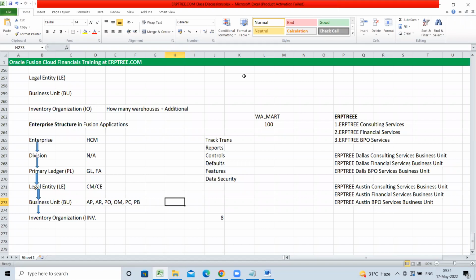There will be certifications also, once you are okay with the product knowledge. When you talk about core financials, we have 3 certifications. At least you can do 1 certification. I suggest you go for the accounts payable certification. First, you have to get ready with the product. Then you can go for certification.